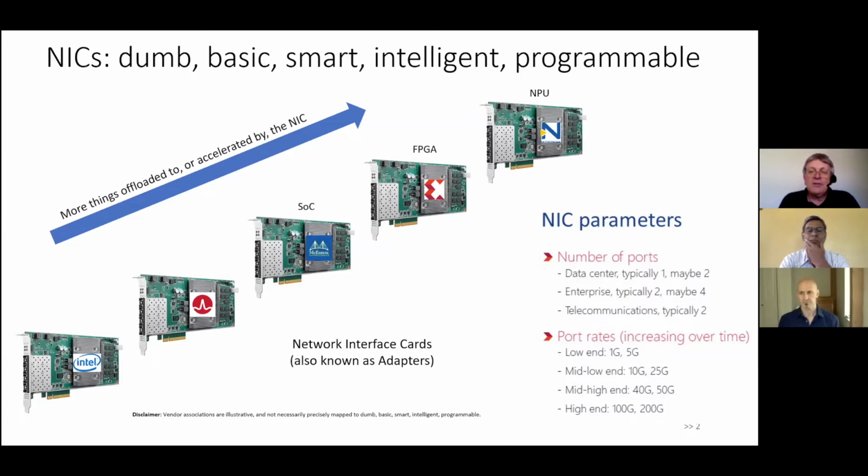Some of the parameters I've put there briefly. The 1-port NIC is well known, and often 2-port NICs. And in different categories, you might have a larger number of ports, but it's nothing like a switch, which might have 64 ports or 32 ports or 128 ports.